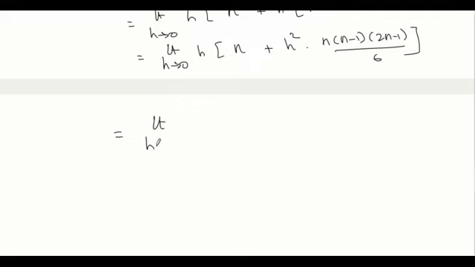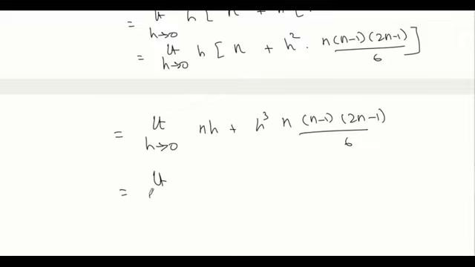So limit h tends to 0. Now this nh plus, here only h, so this means h cube into n minus 1 into 2n minus 1 divided by 6. Okay, children, see here limit h tends to 0 of nh plus, here I have h cube.